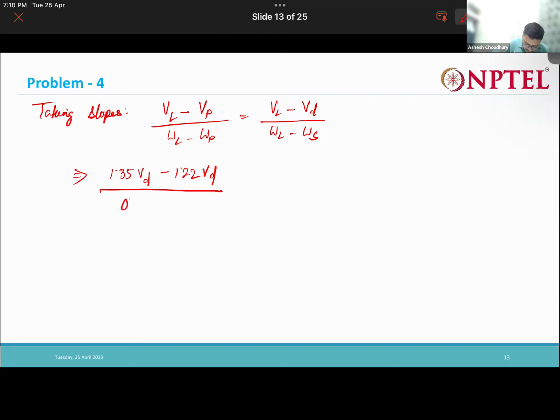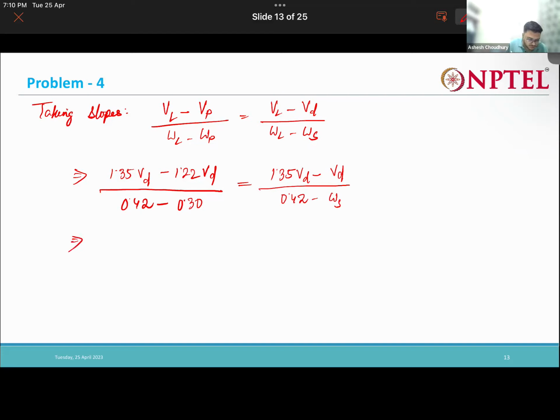And WL is given, and this is also given. Next we have 1.35, 0.42 is given. This is our WS, which is our unknown.